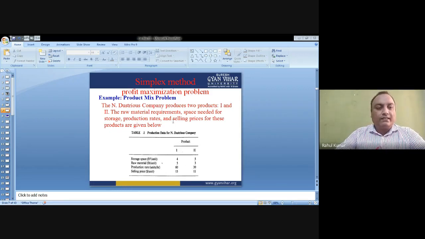And the selling prices are 13 and 11, and the raw material is 5 and 3. This is one problem for the simplex method, which I will solve with the help of the simplex method, right?